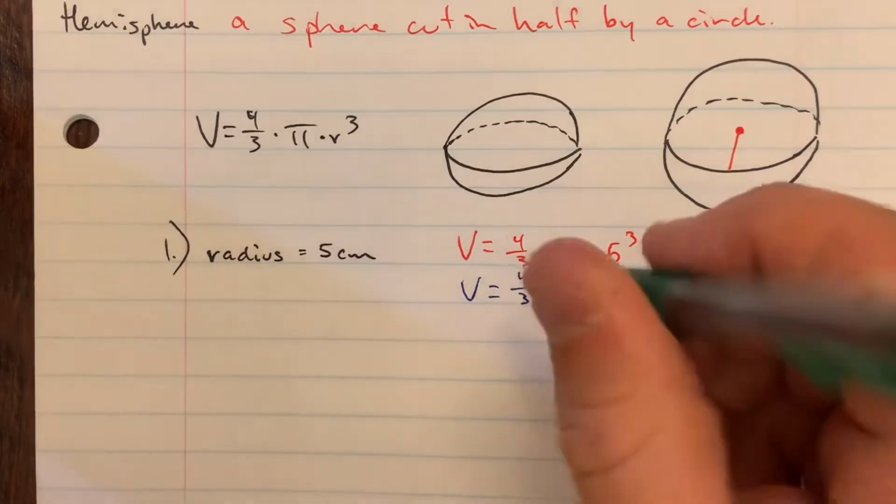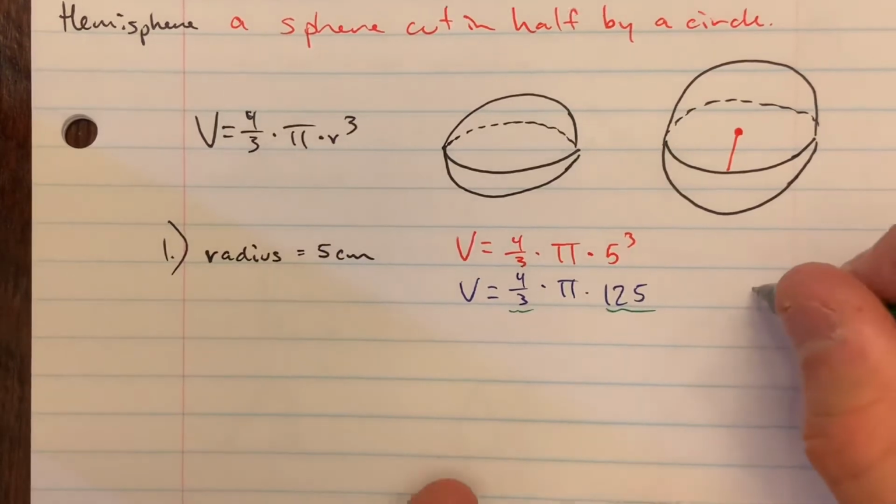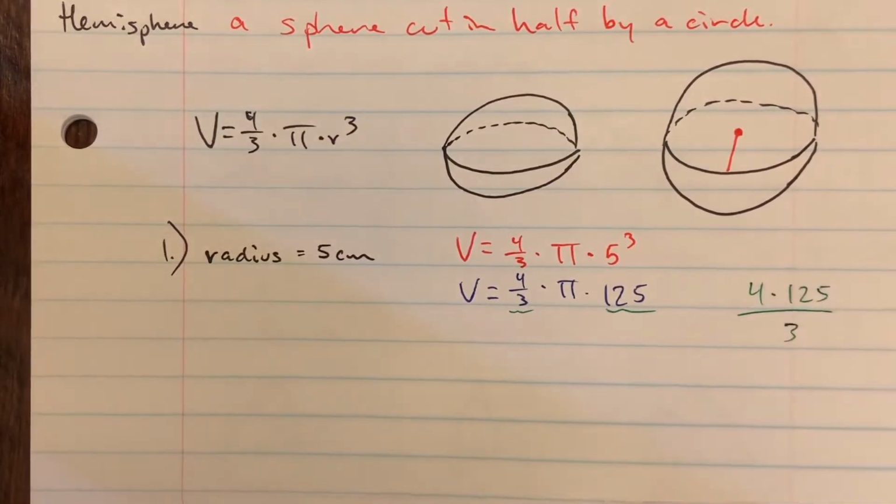So when I'm looking at this 4/3 and this 125, really what I'm doing is 4 times 125, divided by 3. Sometimes it works out really well and I get a nice easy number. Most of the time it doesn't though. This number that I get when I cube the radius has to be divisible by 3 for it to work out really nice. So this one doesn't. 125 divided by 3 doesn't work.